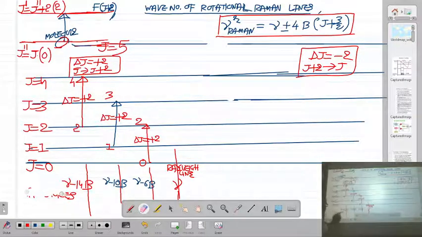These are Stokes rotational Raman lines.